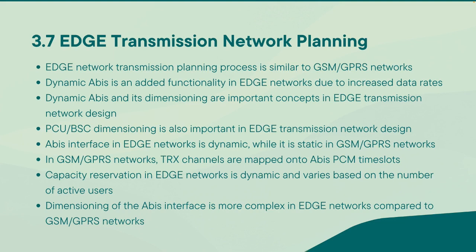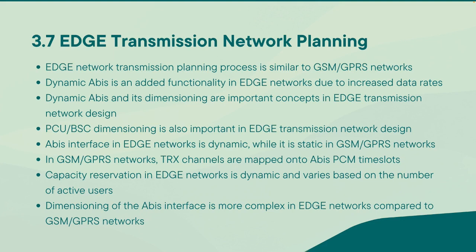So it's an important concept in H that we need to consider when designing the network. For the PCU and the base station dimensioning, it is also important in the H transmission network design. And the Abis interface in the H network is dynamic, while in the GPRS network it is static.